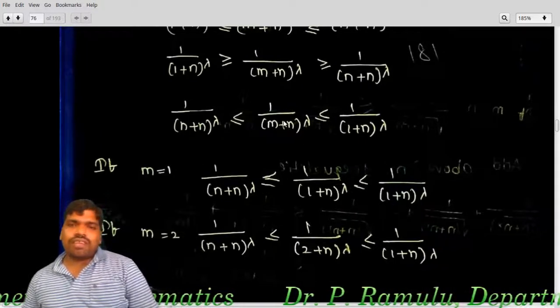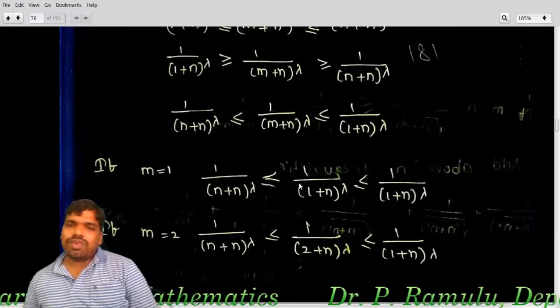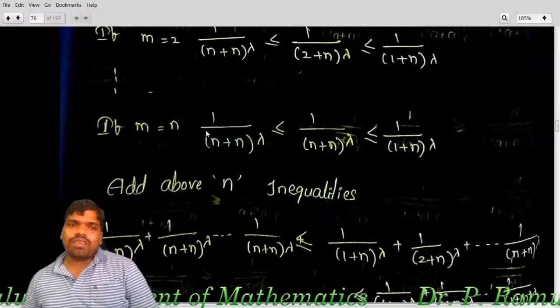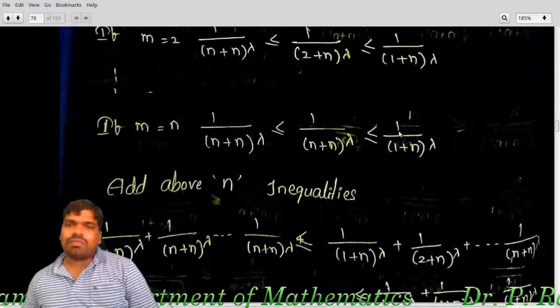If m is equal to 1, we will get this inequality. If m equals 2, in place of m we will get (2 plus n) to the power lambda. If m is equal to n we will get 1 by (n plus n) to the power lambda.